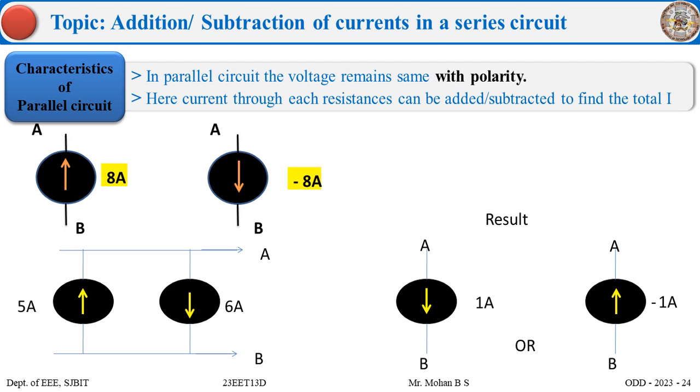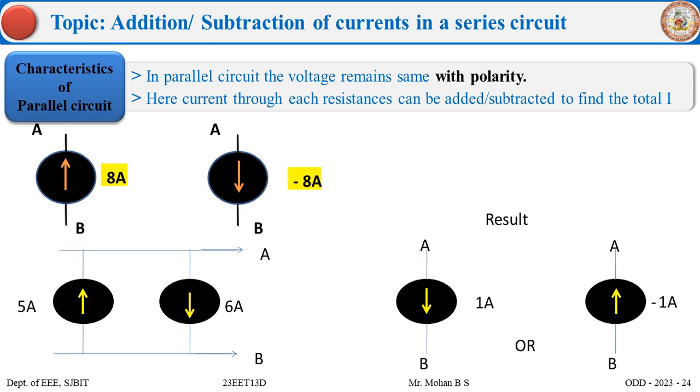So I repeat, if the current directions are opposite, you must subtract. From whichever you are subtracting, retain the same polarity in the resultant. In the first example, we get 1 ampere since the subtraction is 6 minus 5. Since I'm subtracting from 6, I've retained the polarity in the same direction, that is downwards. If I subtract from 5, the answer is 5 minus 6, that is -1 ampere, and since I'm subtracting from 5, I've retained the same polarity, that is going upwards.